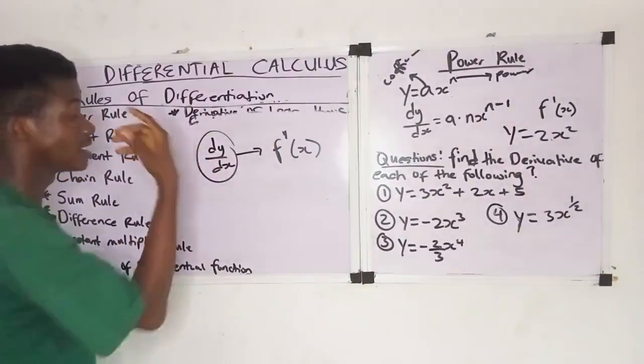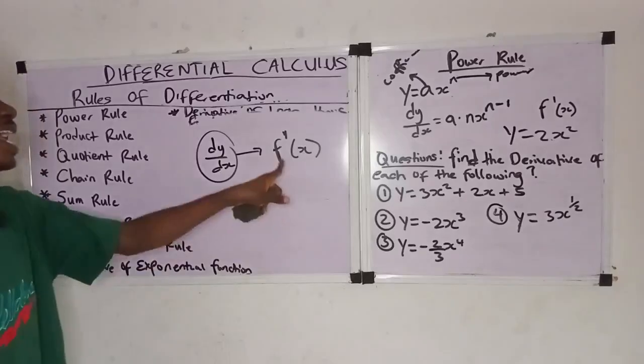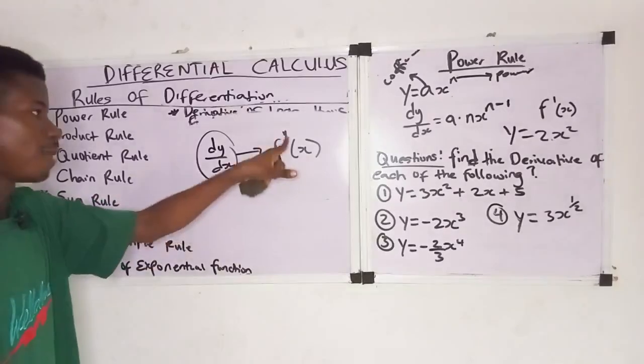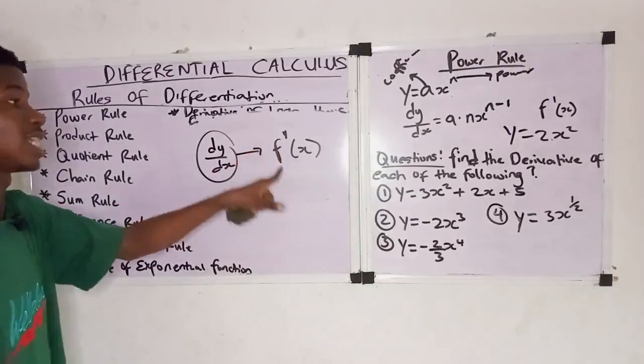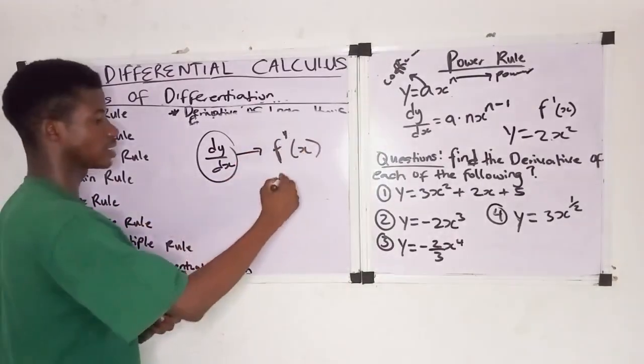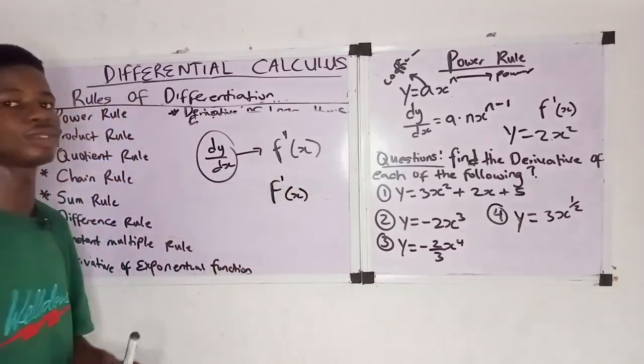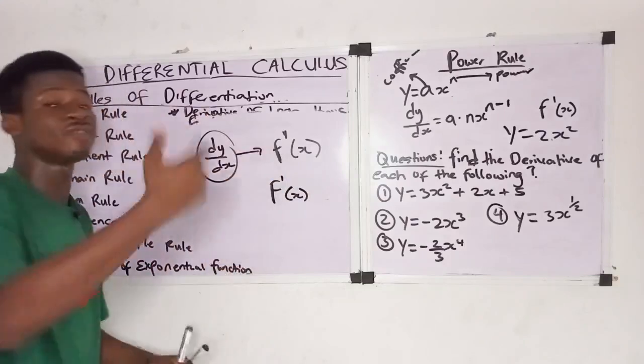So the differentiation of y with respect to x is f prime of x. The prime on f tells us that we need to differentiate one time.